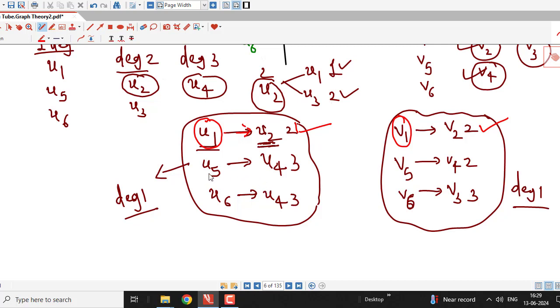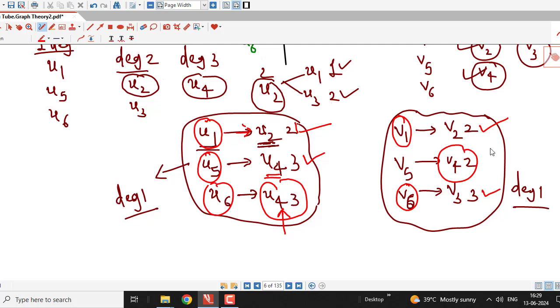But for u5, if we consider the image of u5 as v6, then u5 is adjacent with a vertex of degree 3, so here also v6 is adjacent with a vertex of degree 3. But for u6 the adjacent vertex is of degree 3, but here the vertex adjacent with v5 is not of degree 3. So here also there will be a problem to define an isomorphism.